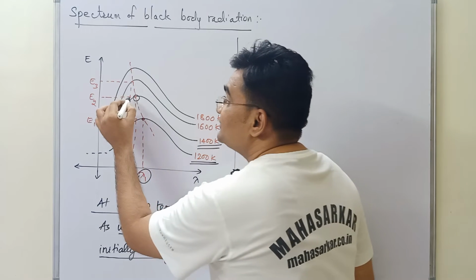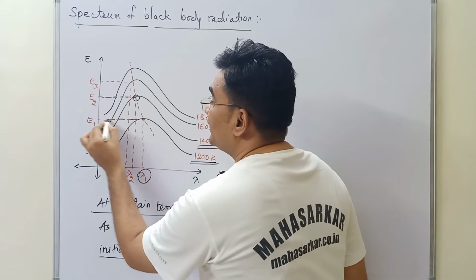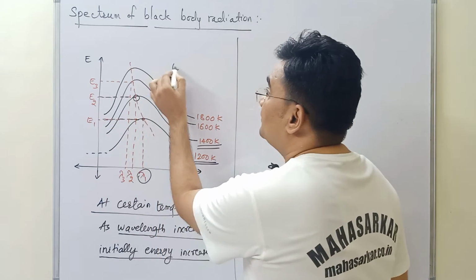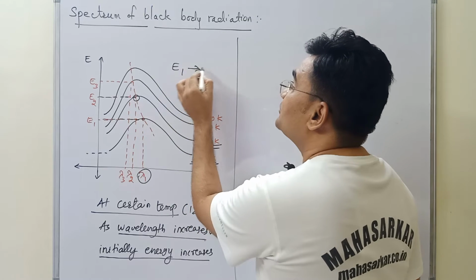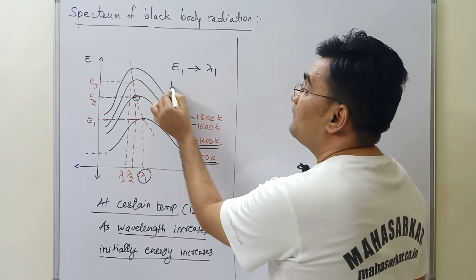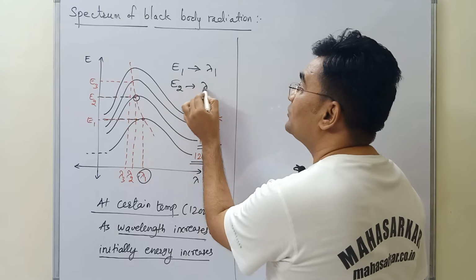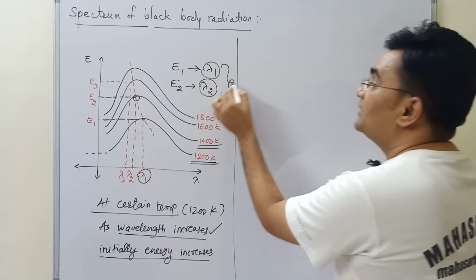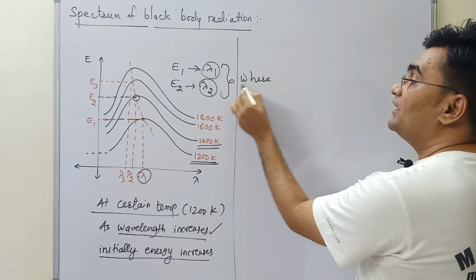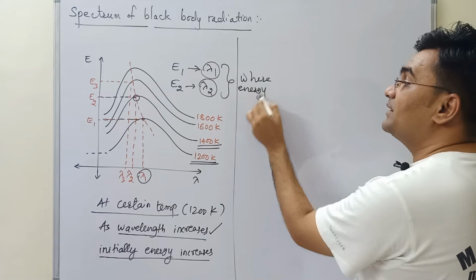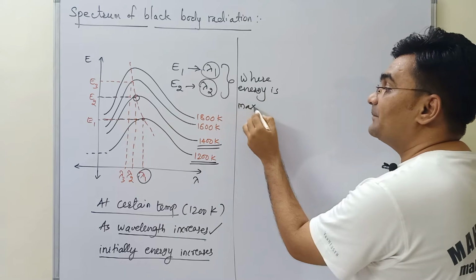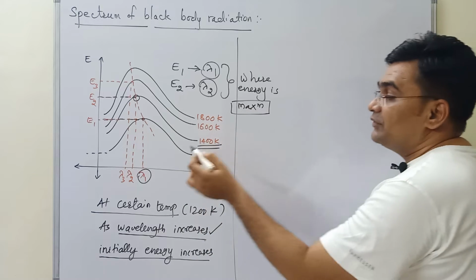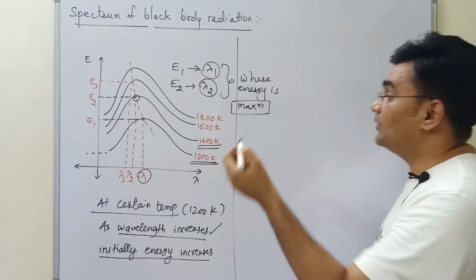The maximum value of energy occurs for both, but for E1 the corresponding wavelength was lambda 1, and for E2 the corresponding wavelength was lambda 2. So lambda 1 and lambda 2 are the wavelengths where energy is maximum. Remember, wavelength is not maximum; it is the value of wavelength for which energy is maximum.